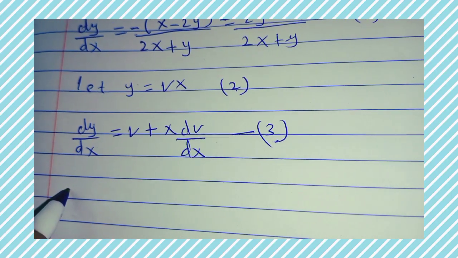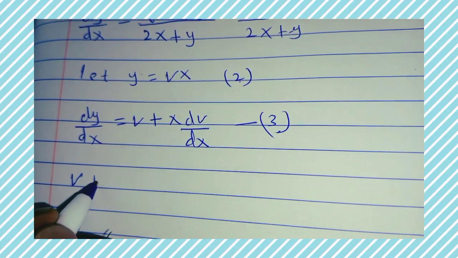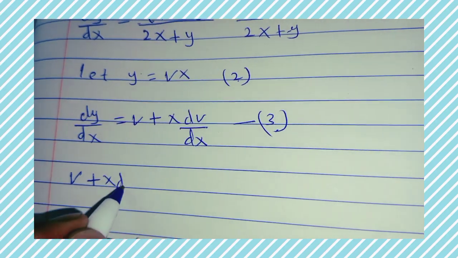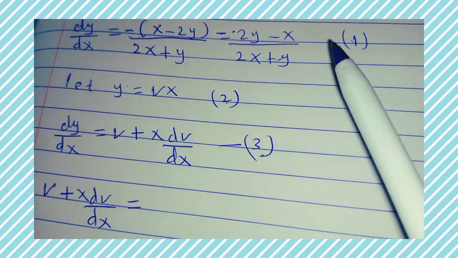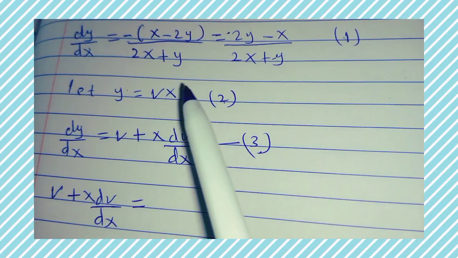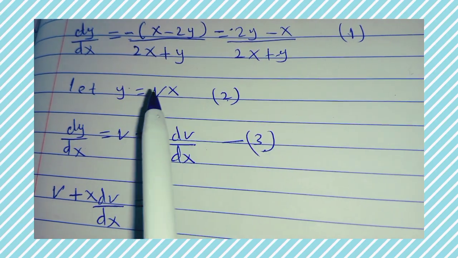So we are going to have v + x dv over dx is equal to, in equation 1, where you have y, you substitute with vx.